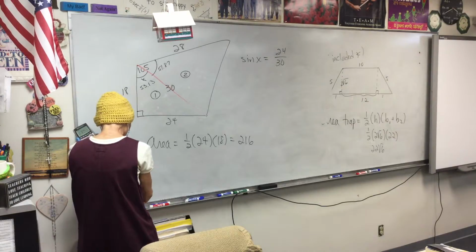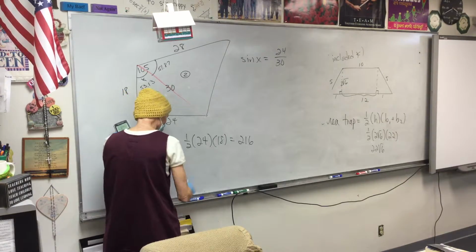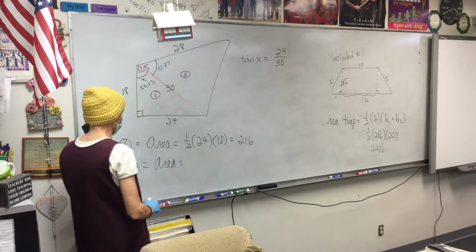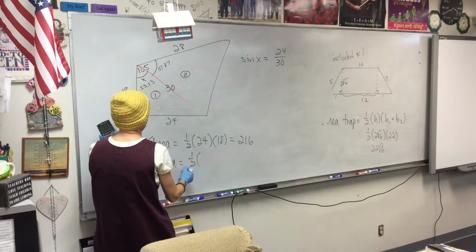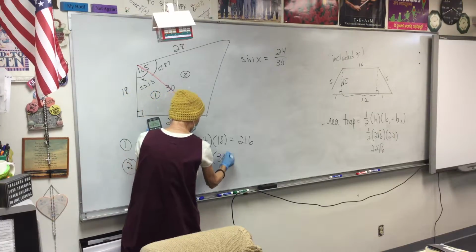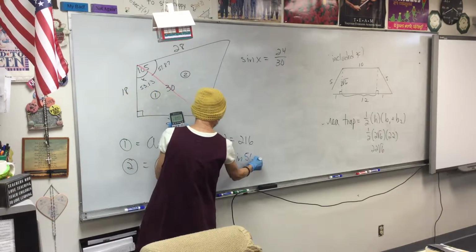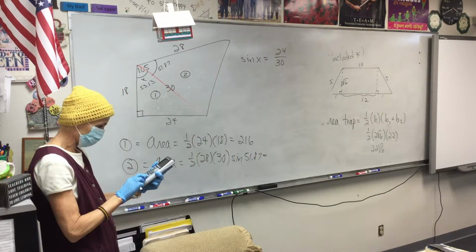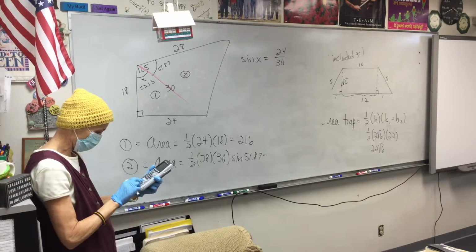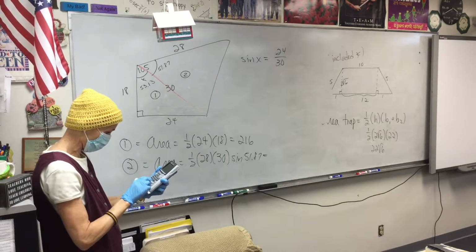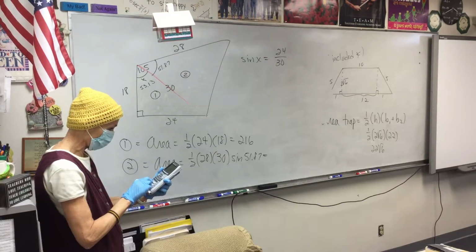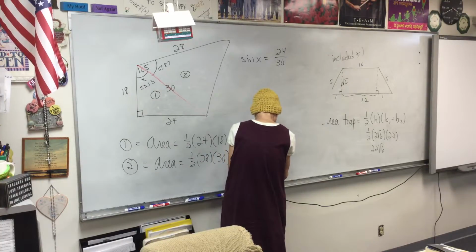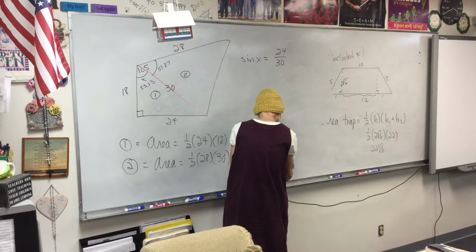So what is the area of triangle 2? We're ready, we can do it now. What is the area? 1/2, 28 times 30, sine 51.87. Beautiful. I got 330.38.